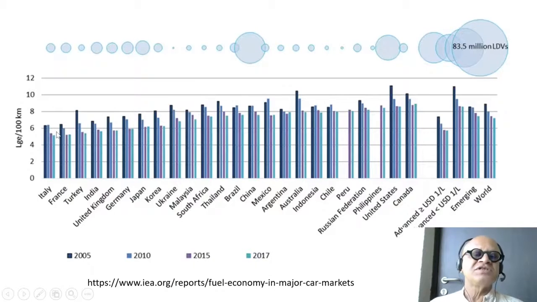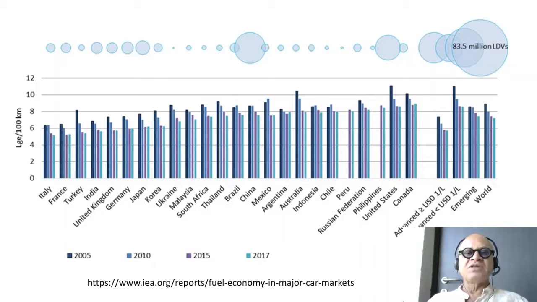The bad news is that pretty much everywhere the fuel efficiency standards, especially considering light duty vehicles increasing in number, light duty vehicles include SUVs, passenger cars, sedans, trucks, utility trucks, and so on, which have a big footprint.